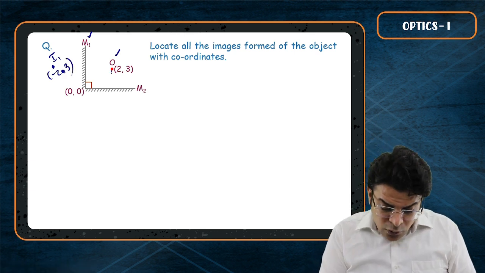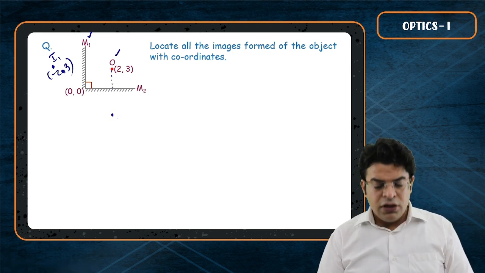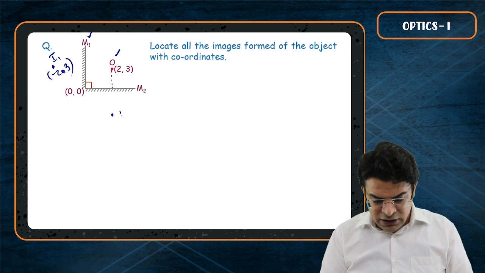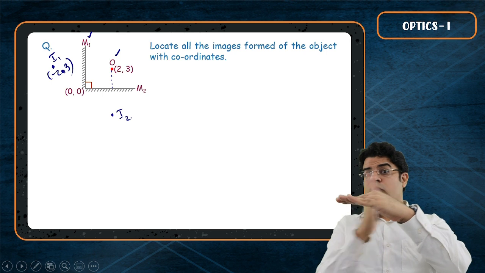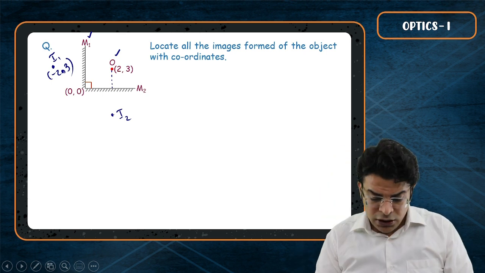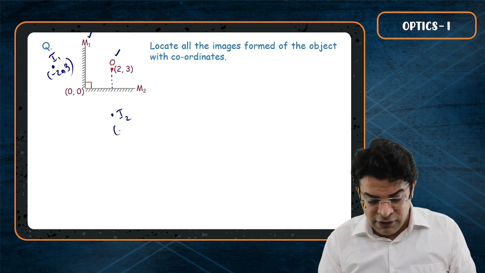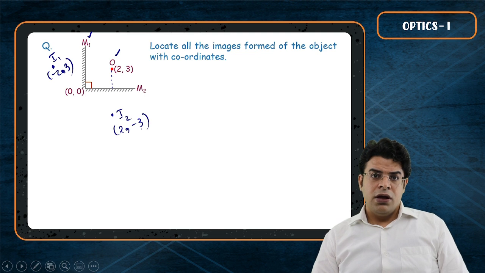When mirror 2 forms the image of this object, let's say it forms somewhere here. Let's call this image I2. When mirror 2 forms the image, it won't change the x coordinate, it will just flip the y coordinate. So you will get the coordinate (2, -3).